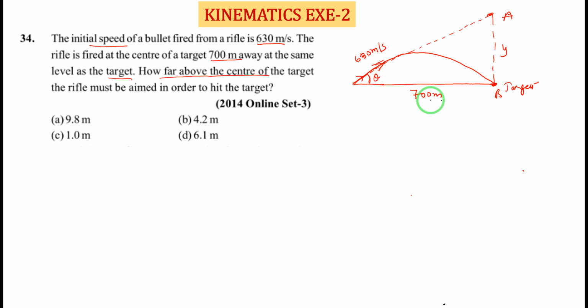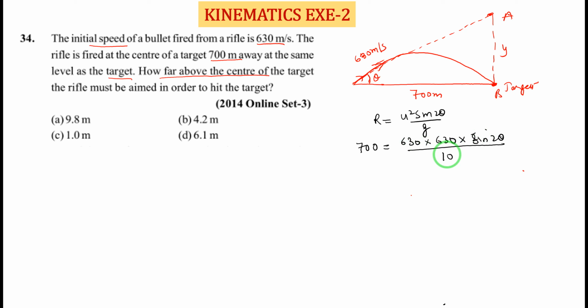Now to start with, first we have to connect the range. So use the formula u square sine 2 theta upon g. Range is 700, speed is 630, so 700 equals 630 squared sine 2 theta upon approximately 10.